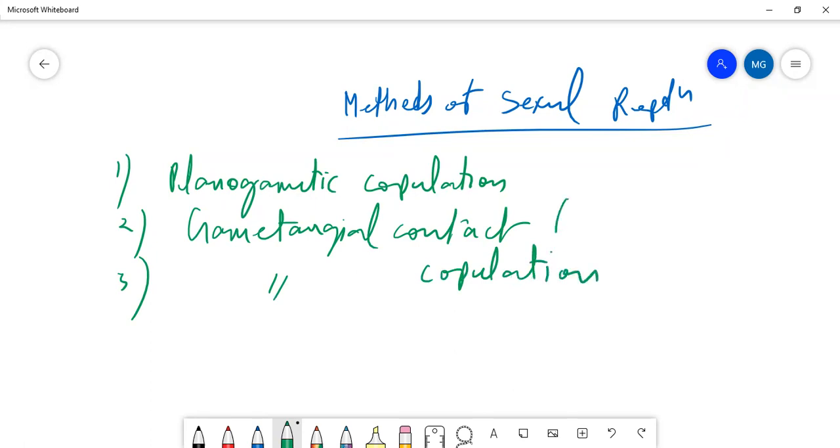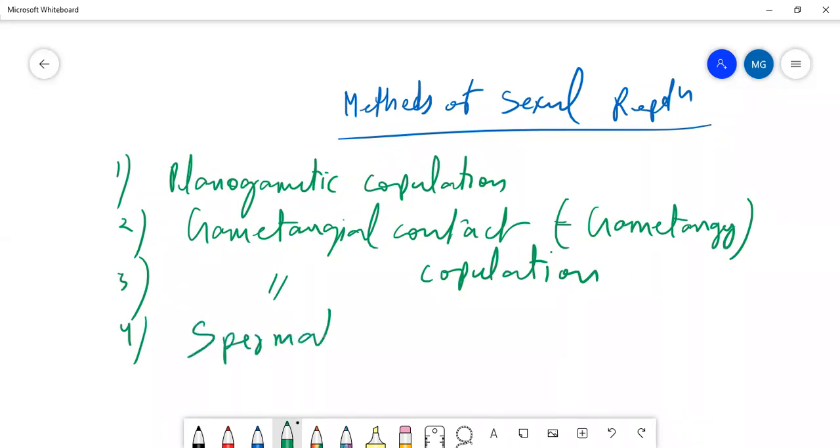Sometimes gamete-angel contact is also called gametangial contact. Fourth one is called spermatization.